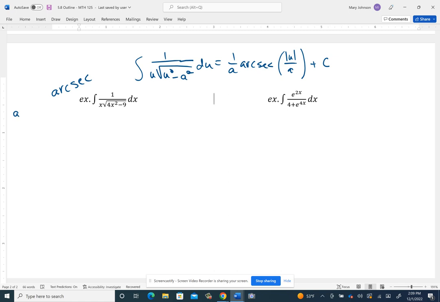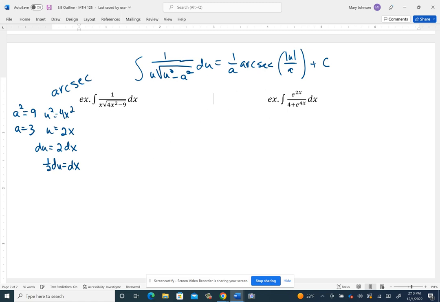All right, so the a comes from the 9. A squared would have to be 9, so we're going to use 3 for a. U squared would have to equal 4x squared, so u would be the square root of that, which would be 2x. Now we do the derivative and get du equals 2 dx, and we move the 2 out of the way to be ready to do the substitution in a minute.